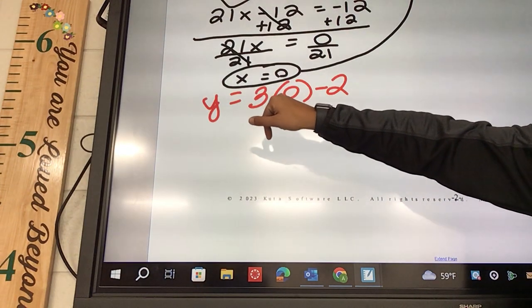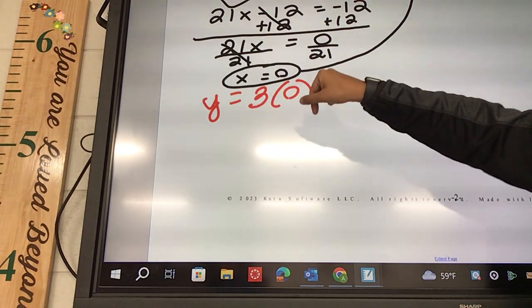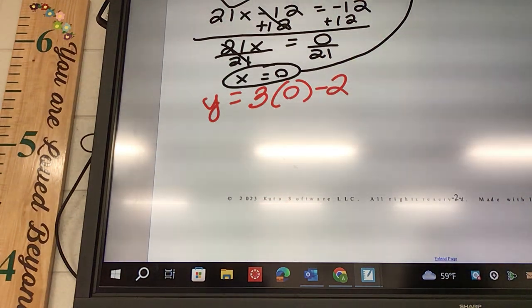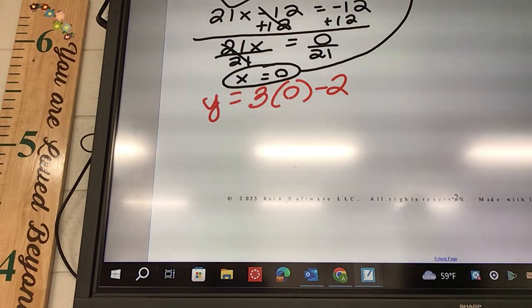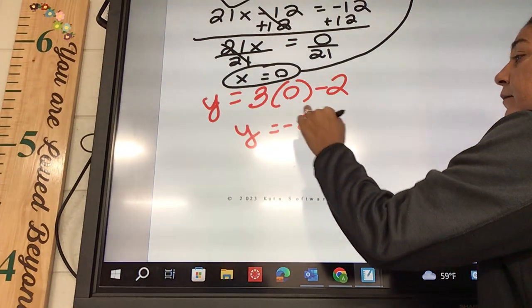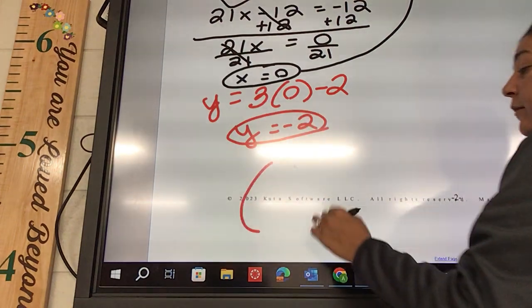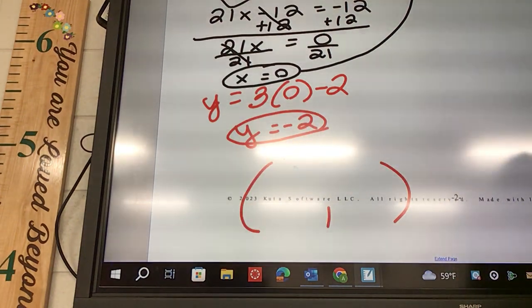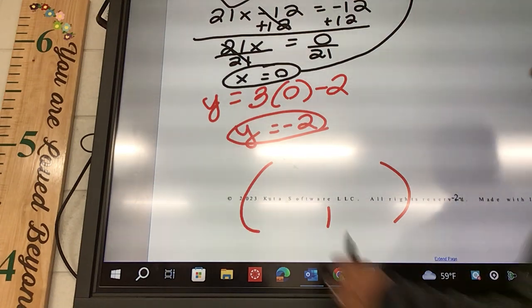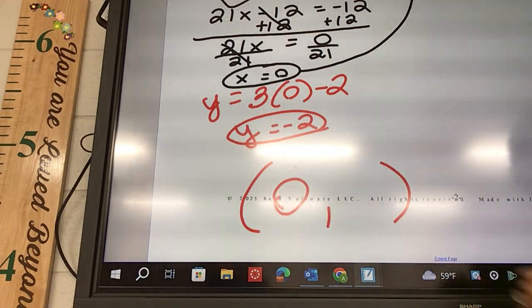You can say 3, parentheses, 0, close parenthesis, minus 2. Negative 2. What is x's preferred name? 0. What is y's preferred name? Negative 2.